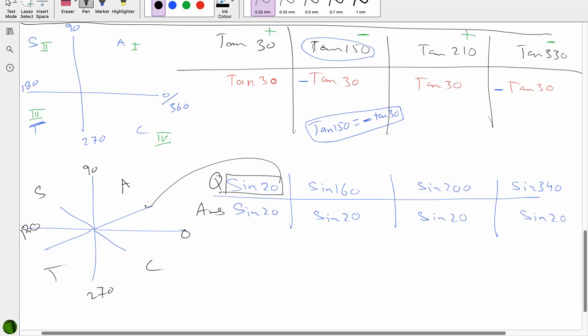Sine of 20 lies in the first quadrant, it is positive, so we don't need to put any sign. Sine of 160 lies in the second quadrant, and in the second quadrant sine is positive, so it is already positive, we don't need to put any sign. For the third case, yes.